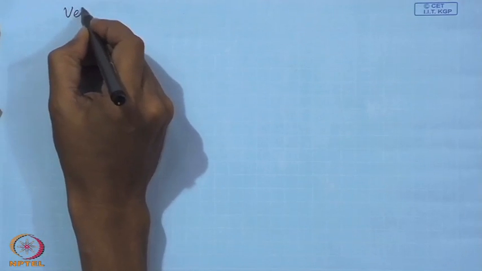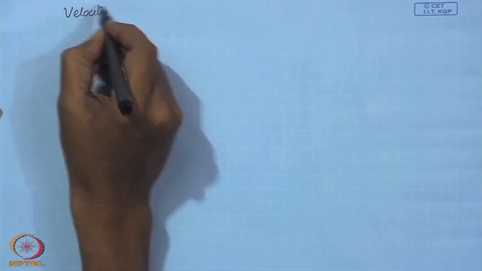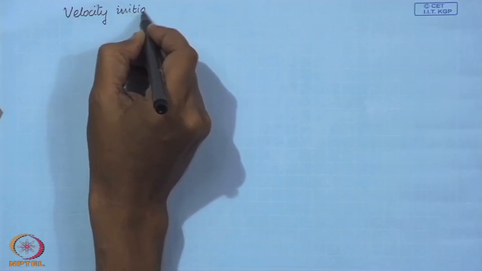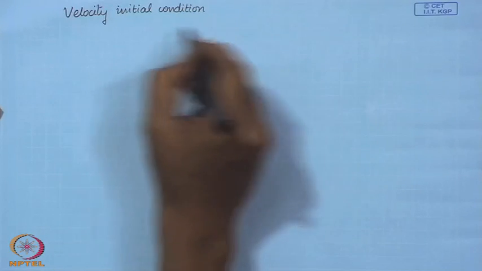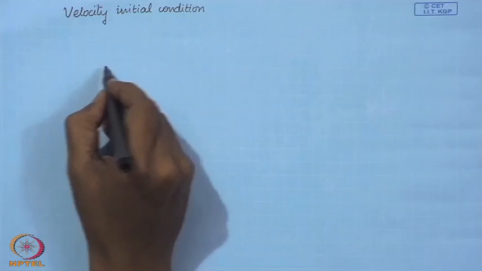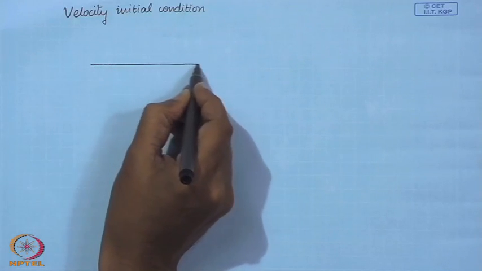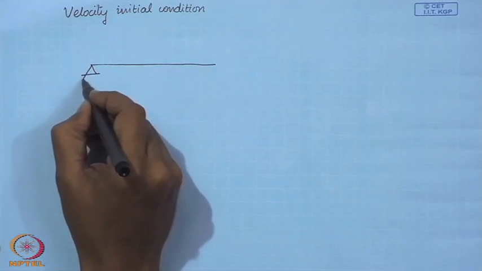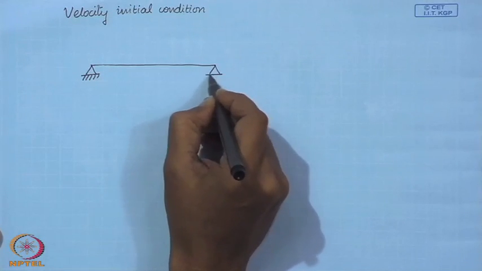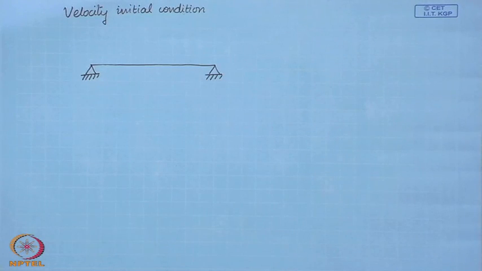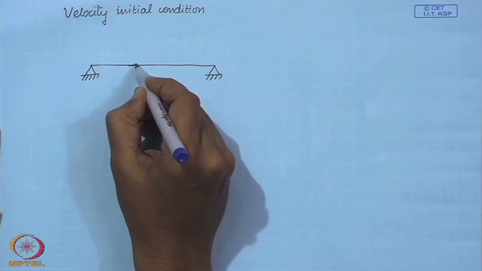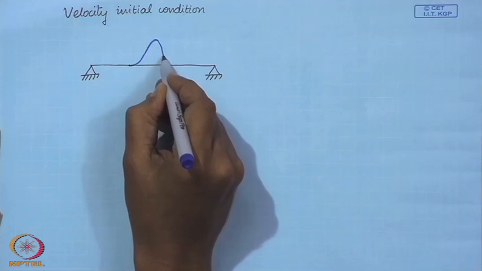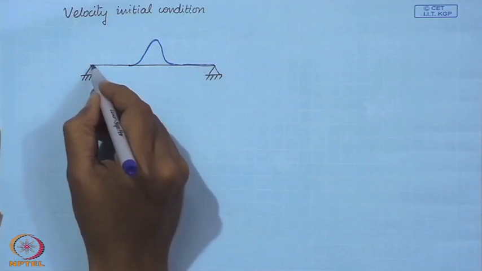So, let us consider a string on which I specify a velocity profile.